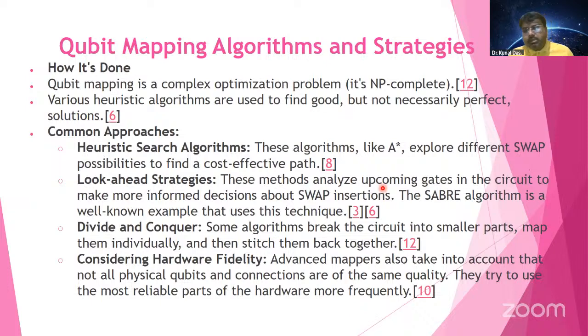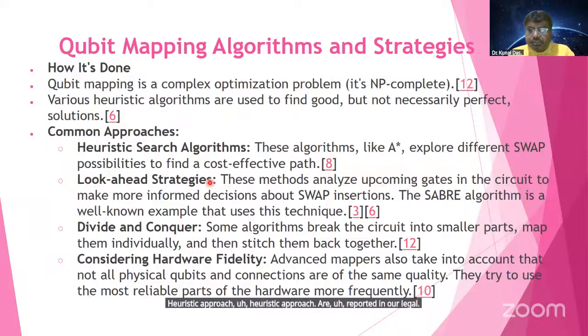Now, how can the strategies be implemented? First is the placement and second is the routing. This is the common approach which is followed. Some heuristic approaches were reported earlier, and look-ahead strategies are also given. One example is SABRE.